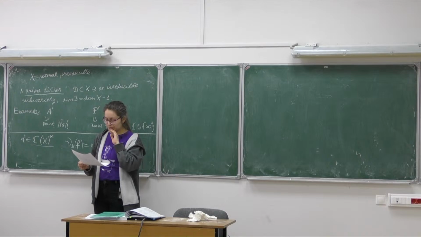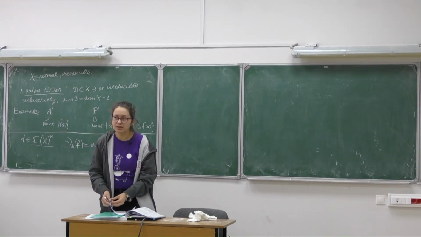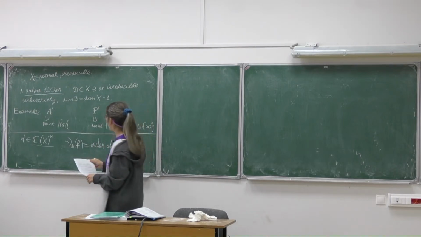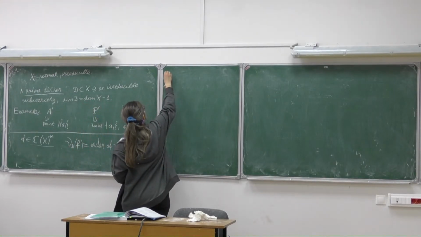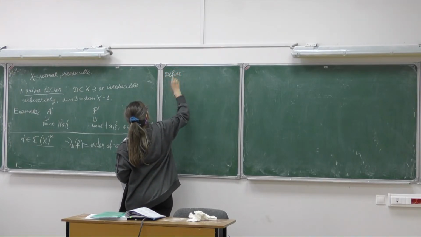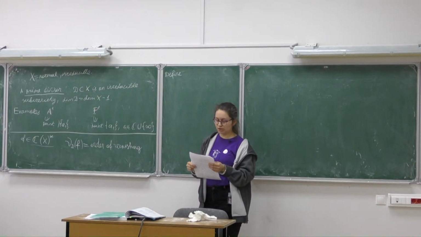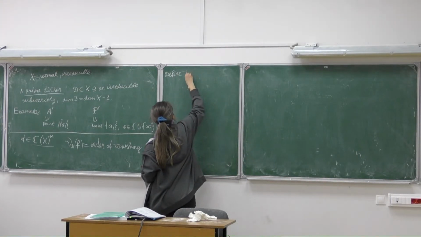Okay, I define the prime divisor. Then I can say that formally we define the group of Weil divisors: we can take the free abelian group generated by all the prime divisors.